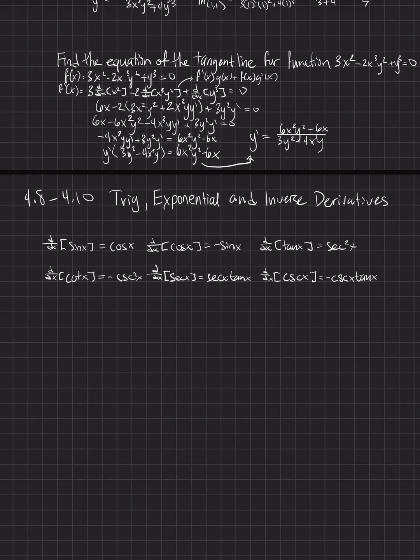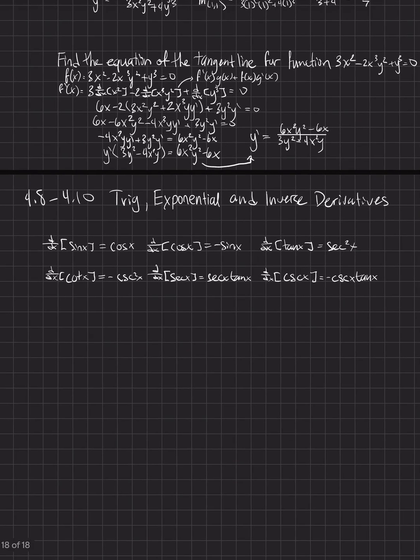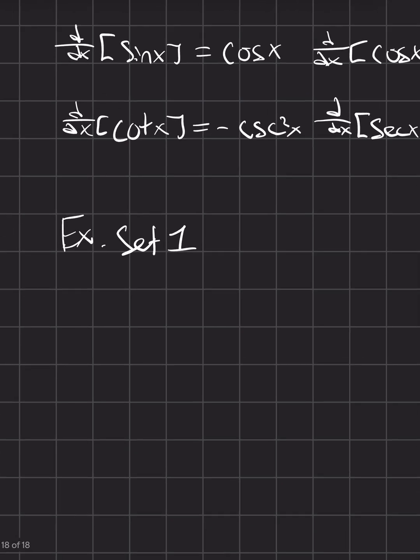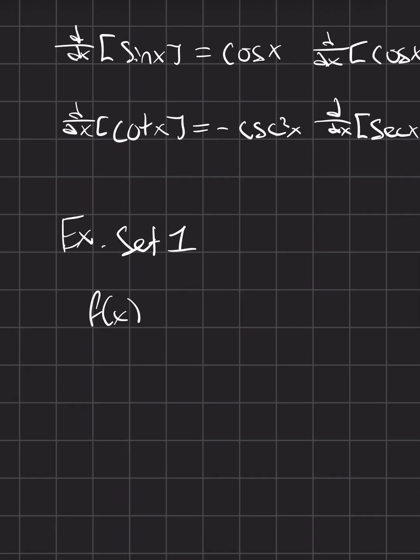Now, to start off with trying to figure this out, let's do some trigonometry stuff first. So let's say, for example, we have a function f of x, and that's going to be equal to secant of 3x squared minus 1, right?